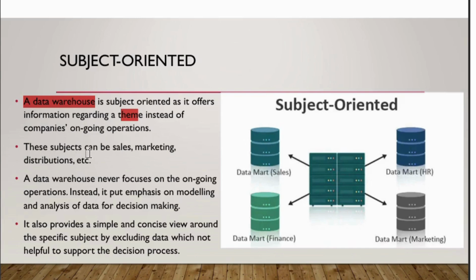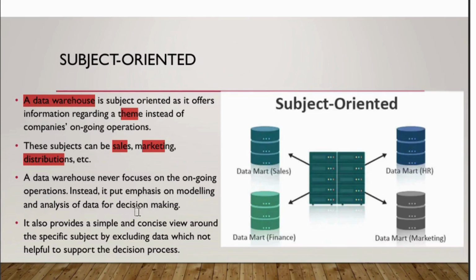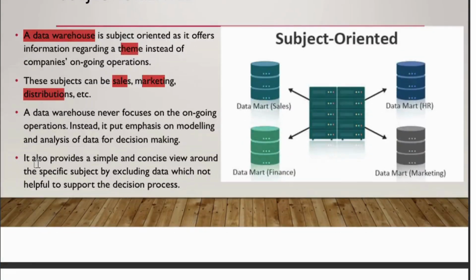These subjects can be sales, marketing, and distributions, etc. A data warehouse never focuses on ongoing operations. Instead, it puts emphasis on modeling and analysis of data for decision making. It is also providing a simple, concise view around the specific object by excluding the data which is not helpful to support the decision process.